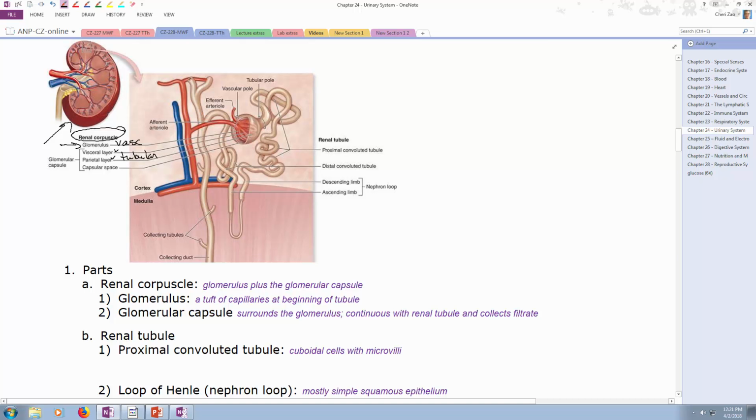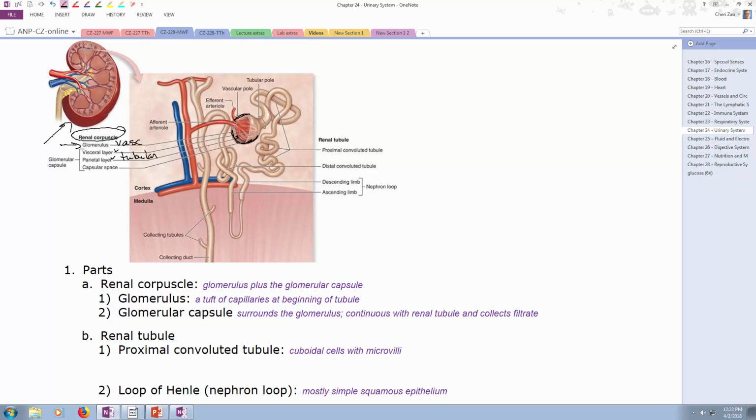And then the parietal layer is actually what's making up this capsule around it. So that's going to let you realize that then there is a space between the two, and that's where filtrate first gets formed. So that's the area of first formation of filtrate, which is of our blood itself.